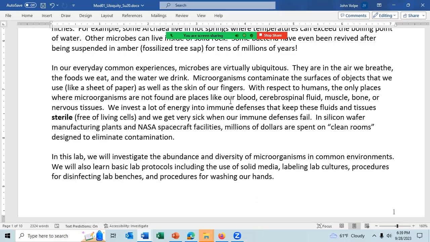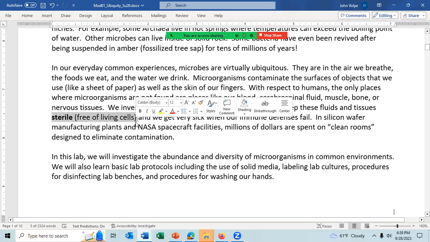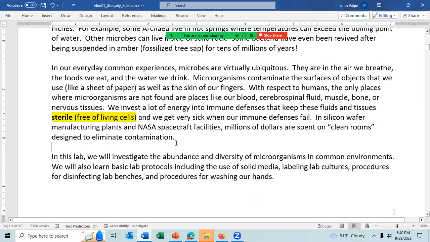We invest a lot of energy with our immune system to keep these fluids and tissues sterile. That means free of living cells. I should say, that's not true of our cells, but free of contaminating microbes. And we get sick when our immune defenses fail.